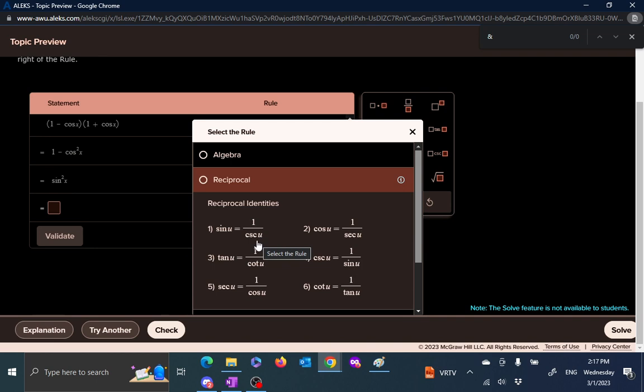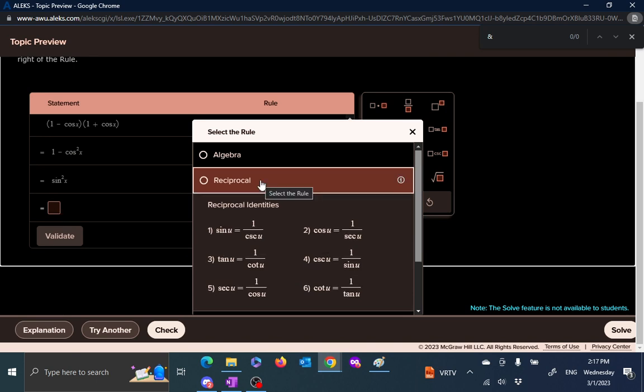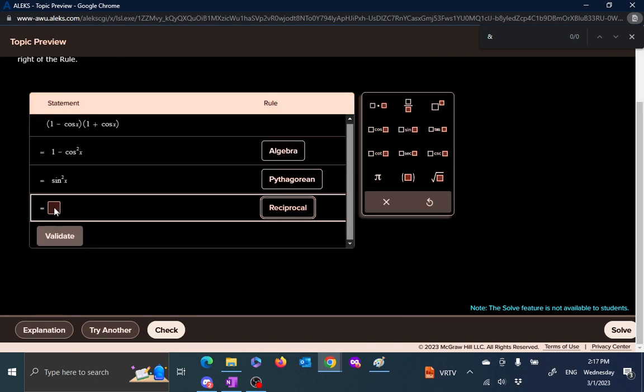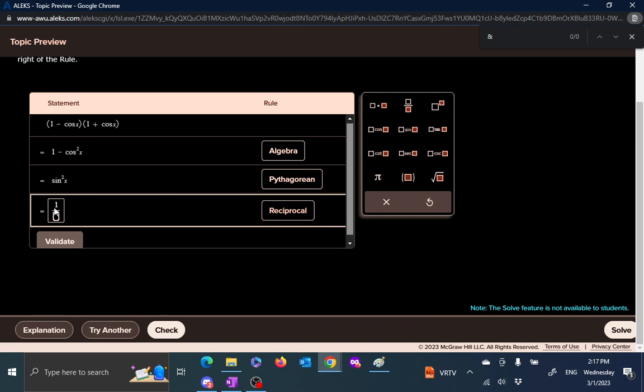So I change the format from sine to a fraction with 1 over cosecant, so here I will have 1 over cosecant of x, to the power of 2. Let's see if the software accepts it.